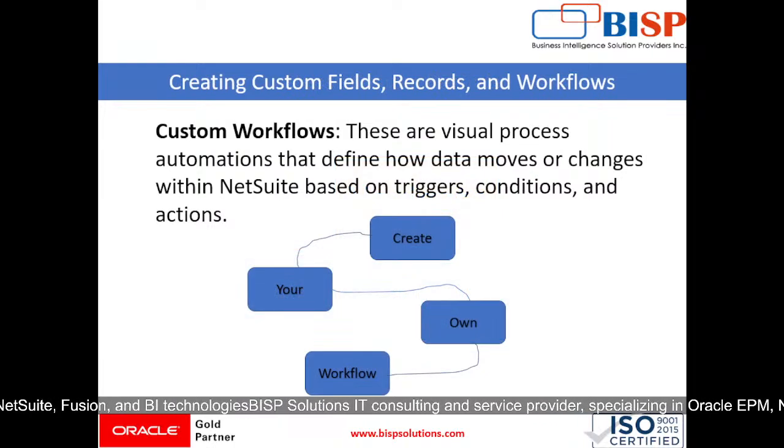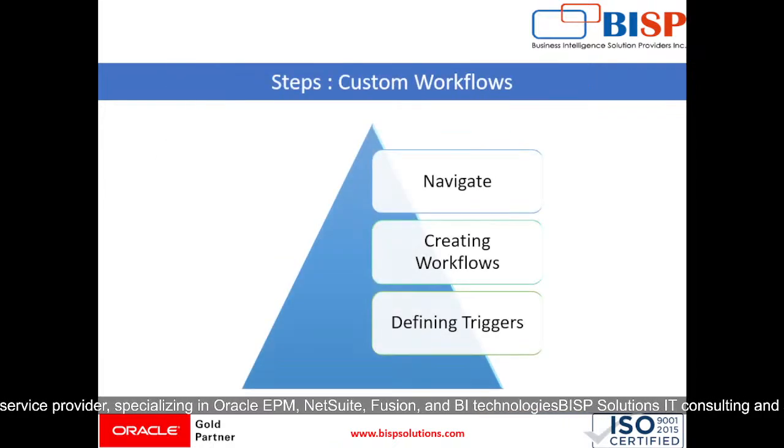Then comes custom workflows. These are visual process automations which define how data moves or changes within NetSuite based on triggers, conditions, and actions. The steps involved are: we navigate to Customization, and under Customization we go to Workflow, and then Workflows.